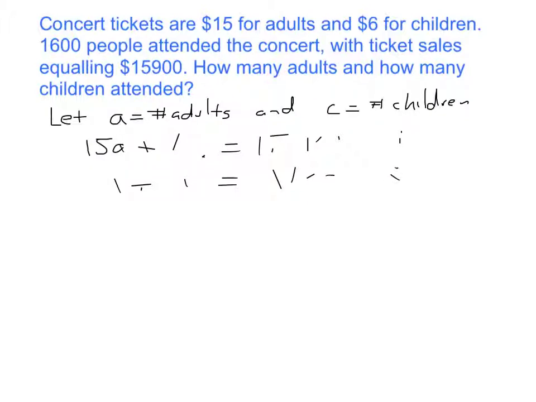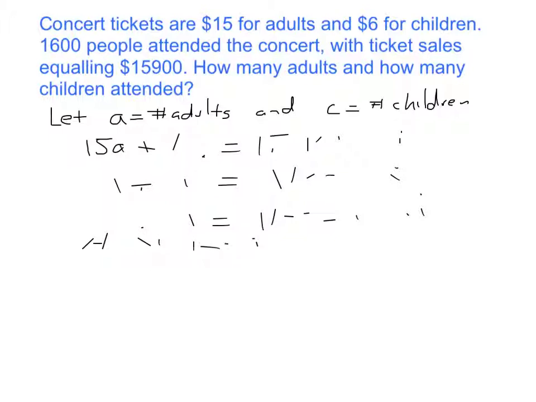What I'm going to do is rearrange 2, and I'll just call it C equals 1,600 minus A, and I'll call that equation 2A. Now I'll substitute 2A into 1.